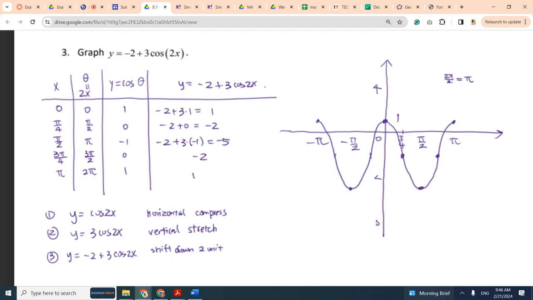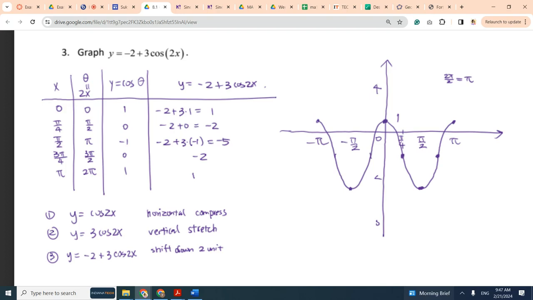And then here is 3 pi over 4. So when pi over 4, we get -2. And pi over 2, we get -5. And then 3 pi over 4, we get -2. And then at pi, we get 1. So connect them smoothly.